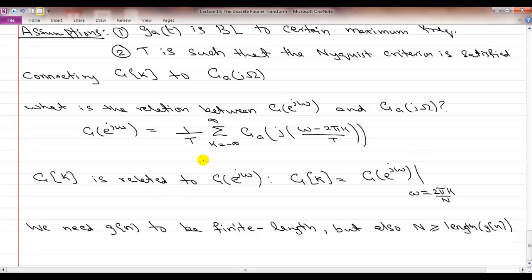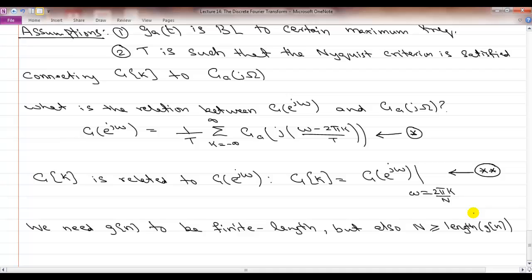So we now know the relationship between the DTFT and the CTFT through this. Let's call this star. And we know the relationship between the DFT and the DTFT. Let's call that double star. So if we now want to say what a sample of my DFT tells me about the continuous time Fourier transform, I just relate star to double star.